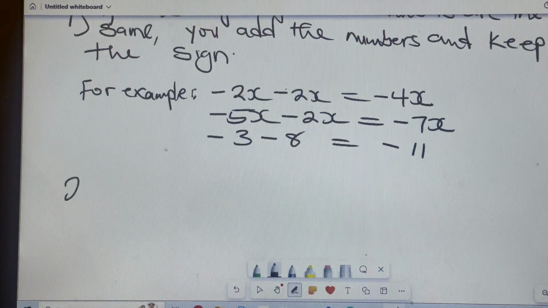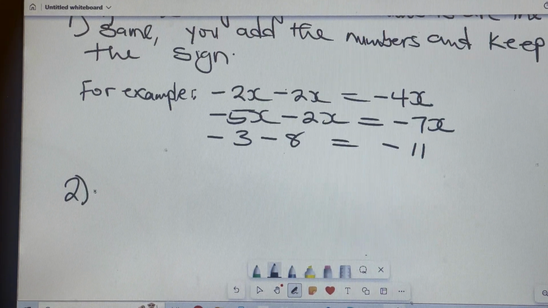Rule number 2. If the signs of two numbers are not the same, you take the smaller number from the larger number and keep the sign of the larger number.